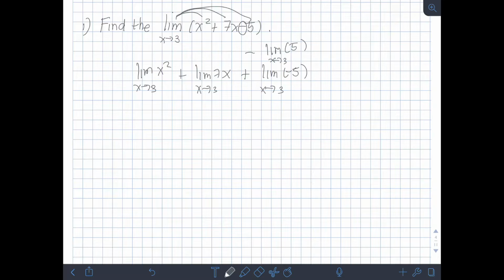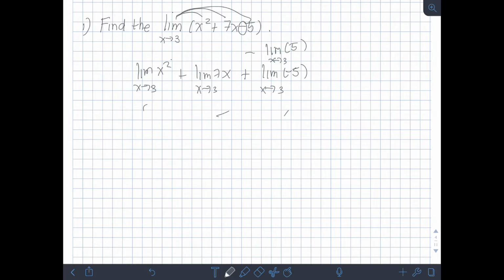Okay. So, ngayon, apply natin term by term yung different theorems na napag-aralan natin. So, dito, pwede itong limit of a power, right? Applying limit theorem. So, itong una, pwede natin i-apply yung limit theorem 8, which is yung limit of a power na naka-raise sa 2.